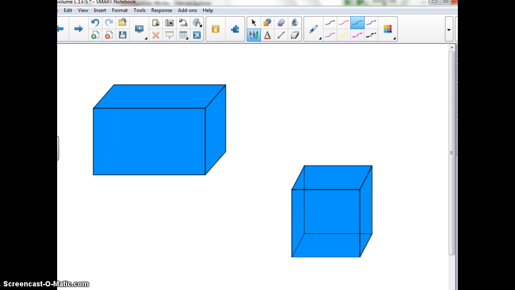Okay, volume of this rectangular prism. Darius, Alan, they both had their hands up in 2.4 seconds.